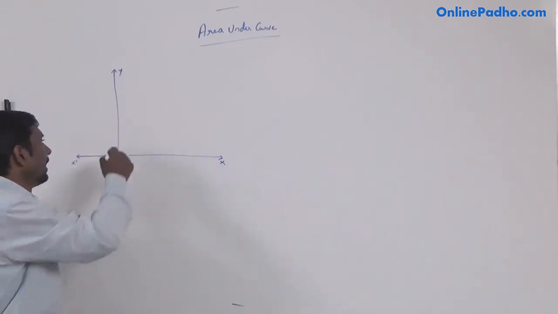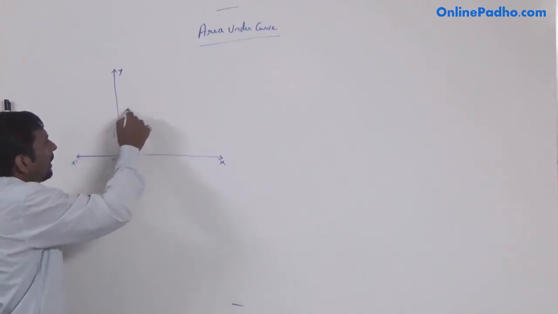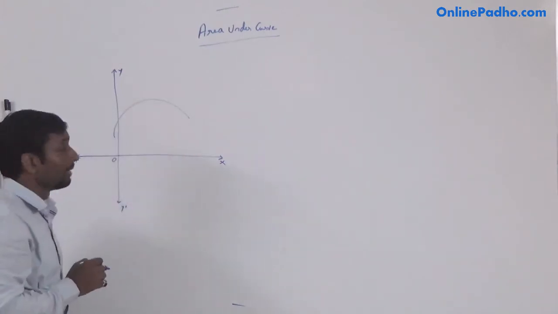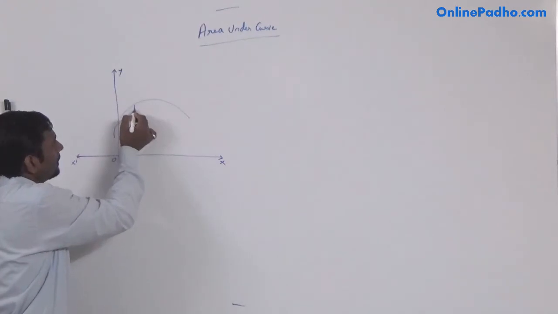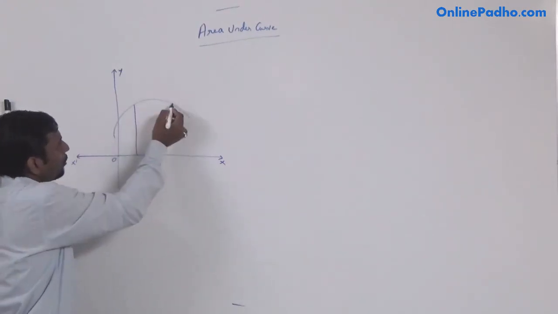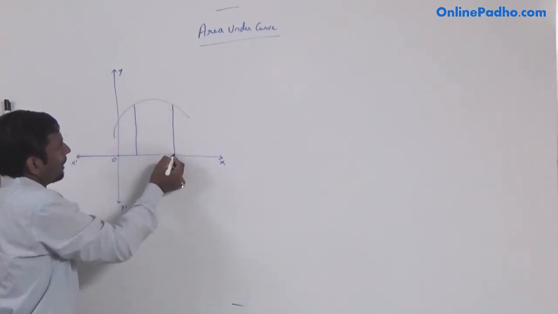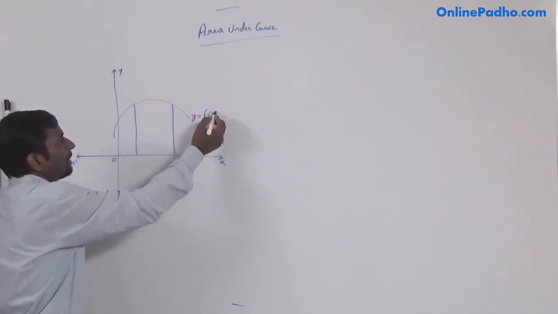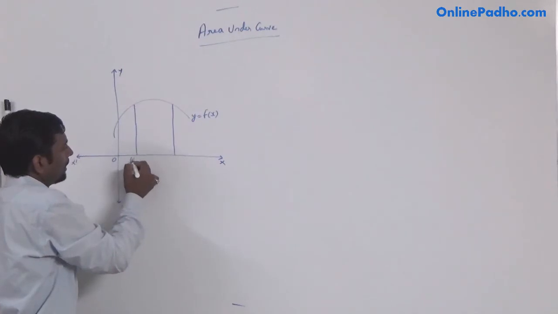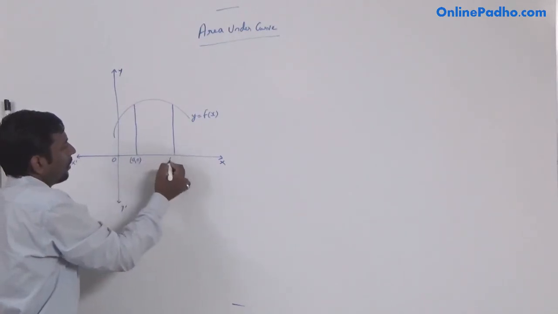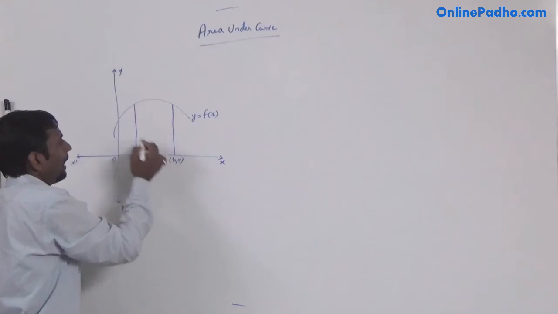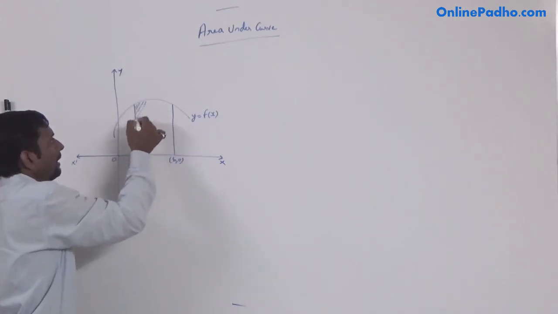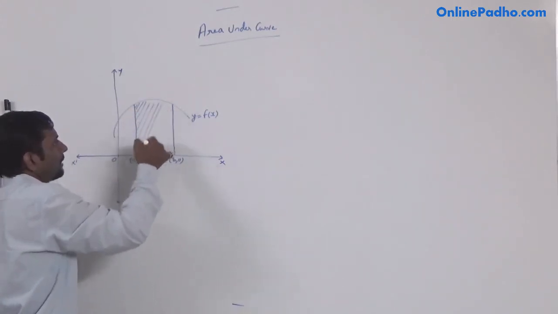Let us see, we have a curve, this one, and we have to find the area of this portion. This curve is called y equal to f(x), and on the x-axis these points are called a, 0 and b, 0, and we have to find the area of this part.